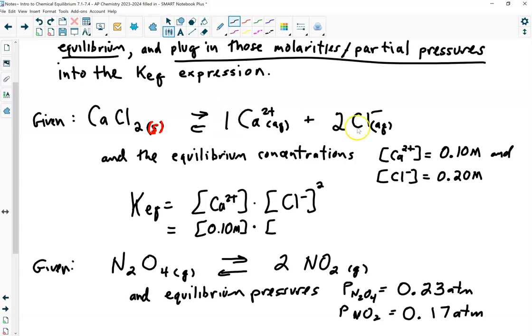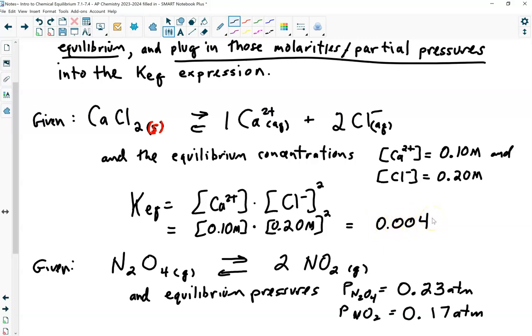Because this is a 1-to-2 ratio, the concentration of chloride is 0.20 molar. Doesn't that make sense? Because you get a 1-to-2 mole ratio. But you have to square that. And so I think it ends up being 0.004 if you do the math. Okay?